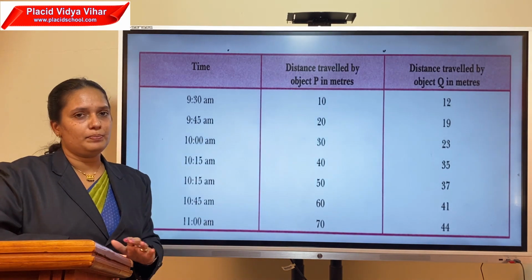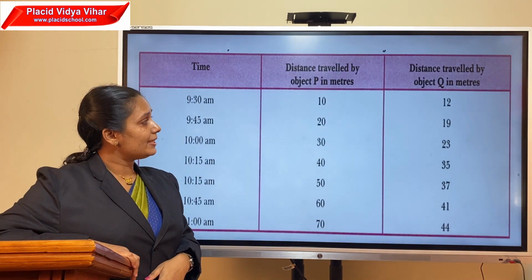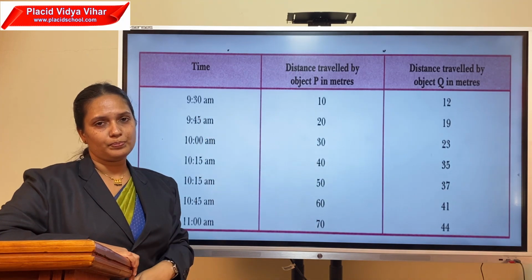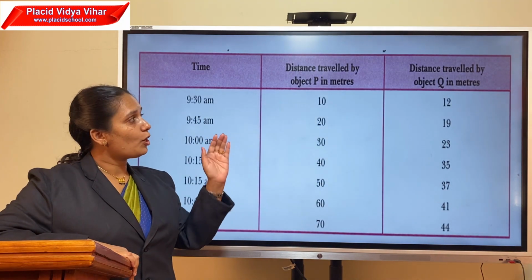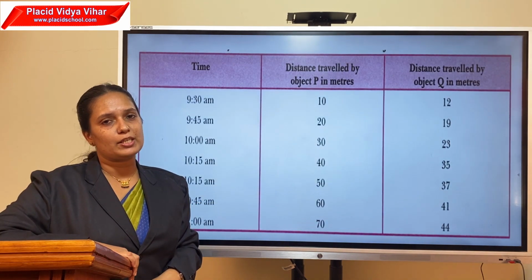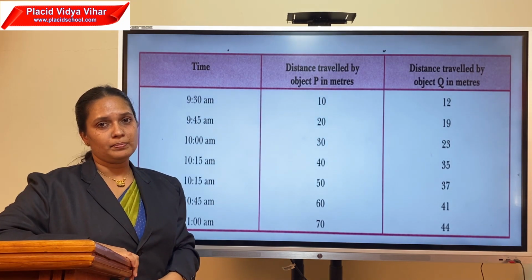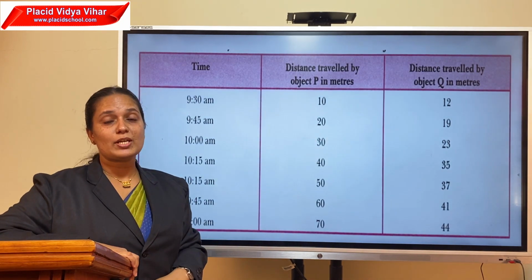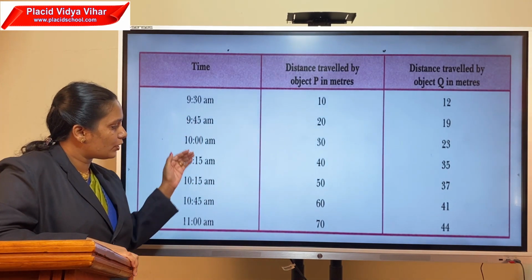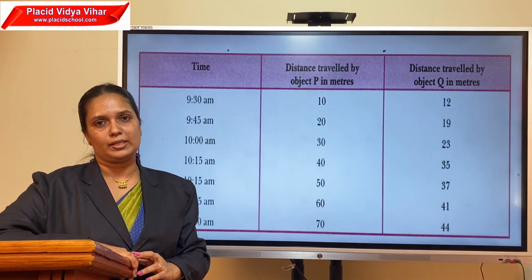From the table we can understand the object P travels a distance of 10 meter in each 15 minutes. That means here the object P travels equal distances in equal intervals of time. So it is in uniform motion. But the object Q travels different distances, that means unequal distances in equal intervals of time. So it is in non-uniform motion.